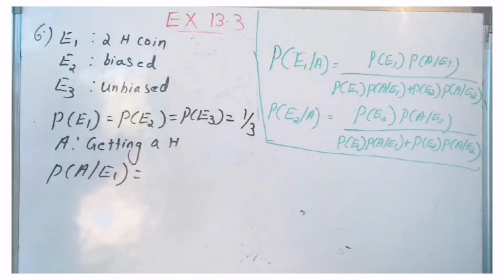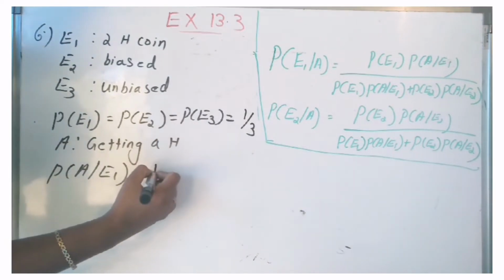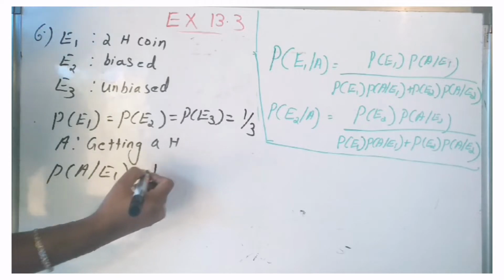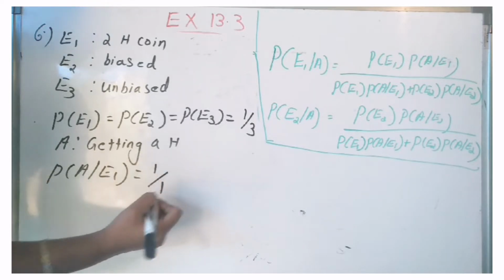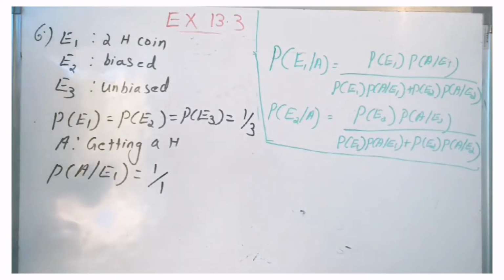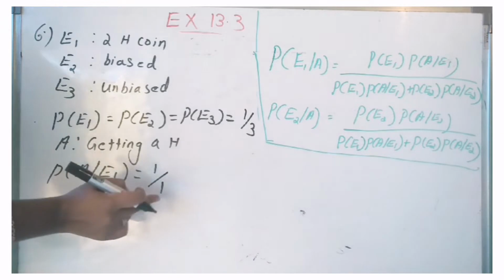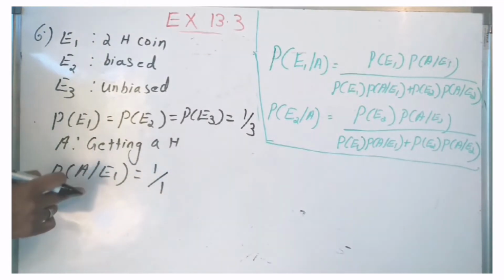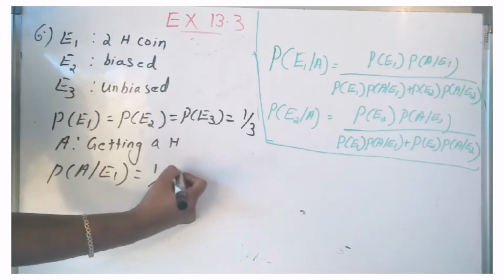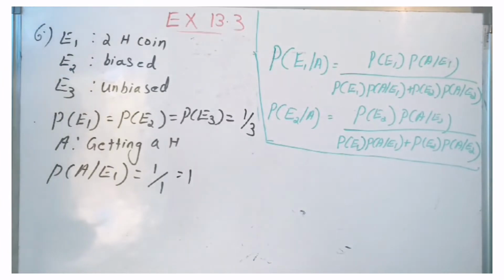We have two-headed coins, that means on both faces we have head. And the probability of getting a head is 1 by 1. We have only one outcome. If you toss that coin, we will get head only. So the total number of outcomes is 1, and the favorable outcome is also 1. So 1 by 1 is equal to 1.